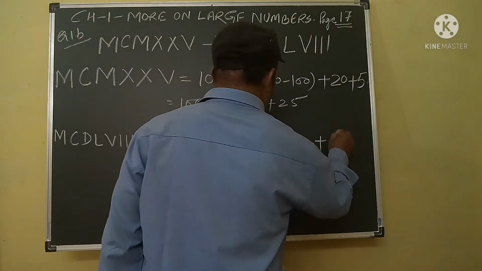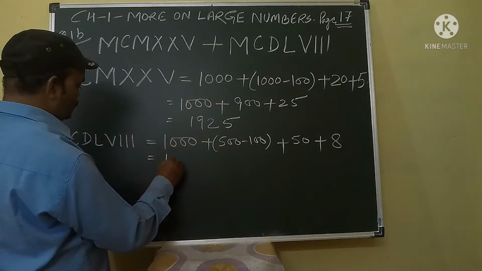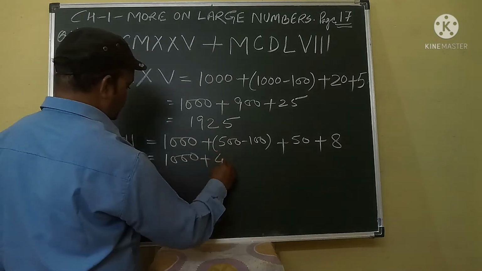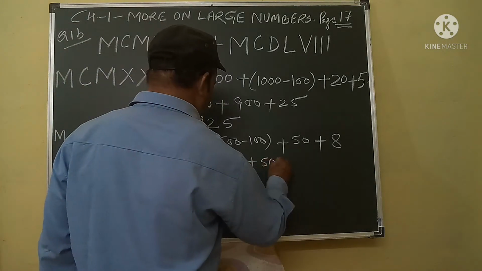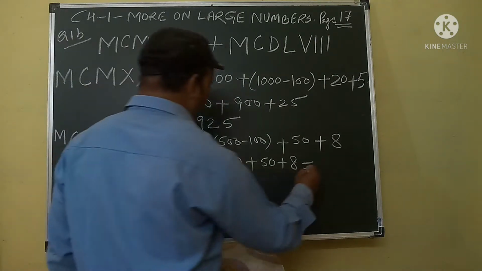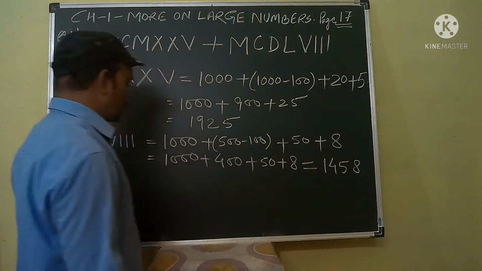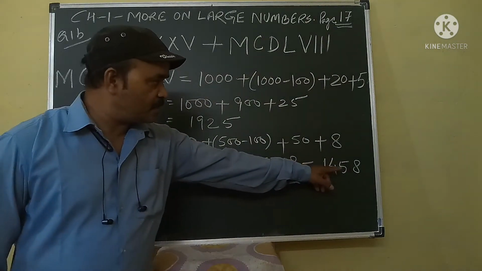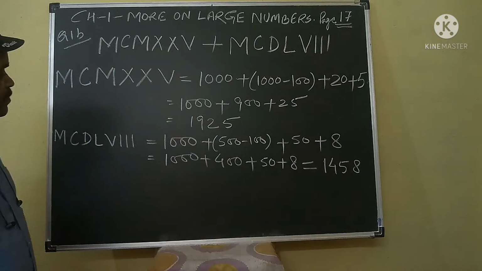Okay, this is 8. So then after, 1500 minus 100, 450 plus 8. After adding you will get 1458. Okay. Then after, what will we do?